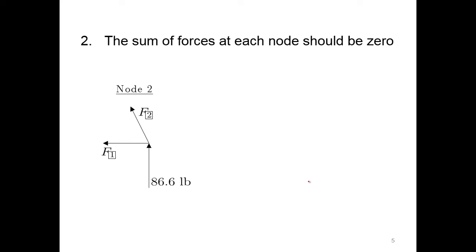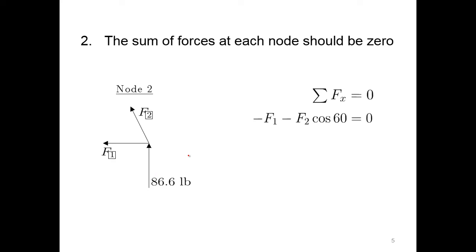The next way we can verify our results is look at the sum of the forces at each node, which should be 0. So here's node 2 in the bottom right hand corner of our triangle. We have this reaction force of 86.6 pounds, and so if we look at our two forces, they should work out to cancel that out.